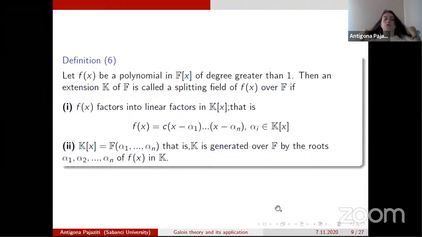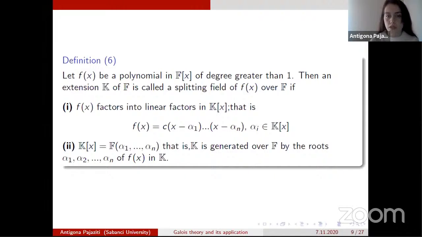When we find the roots of our polynomial, we can see if it factors over some field.